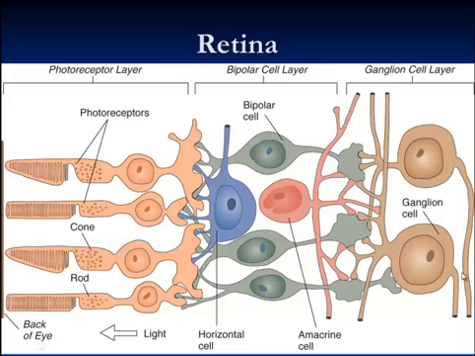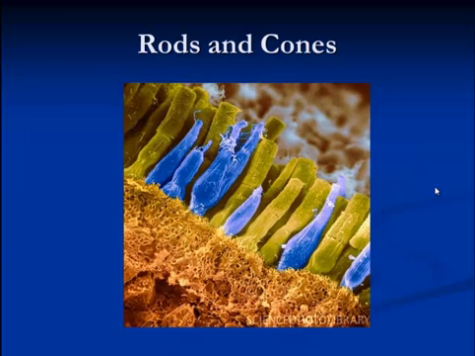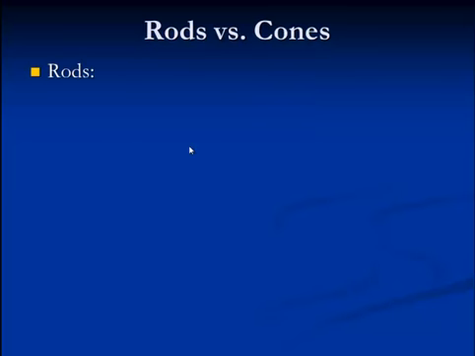The axon bundles of the ganglion cells are optic nerves. That's a nice microscopic view of the rods and cones. You can see the rods kind of look like rods and the cones kind of look like cones. It's nice that something is actually named properly.